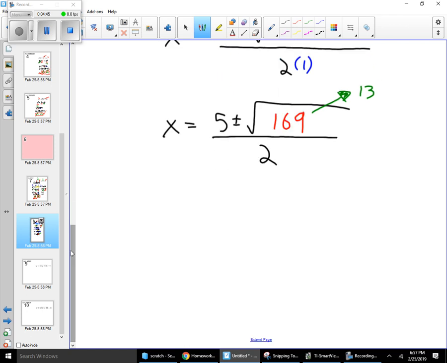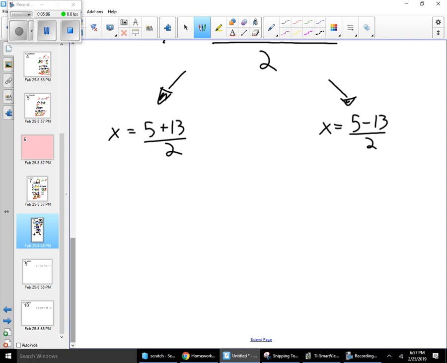But this is going to give us two different values for x. One where x is 5 plus 13 over 2, and one where x is 5 minus 13 over 2. Again, your calculator can simplify both of those fractions, or you can do this mentally. 5 plus 13 is 18, divided by 2 will give you 9.